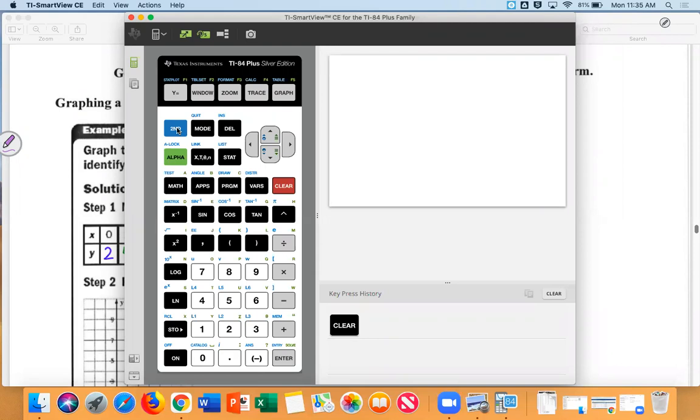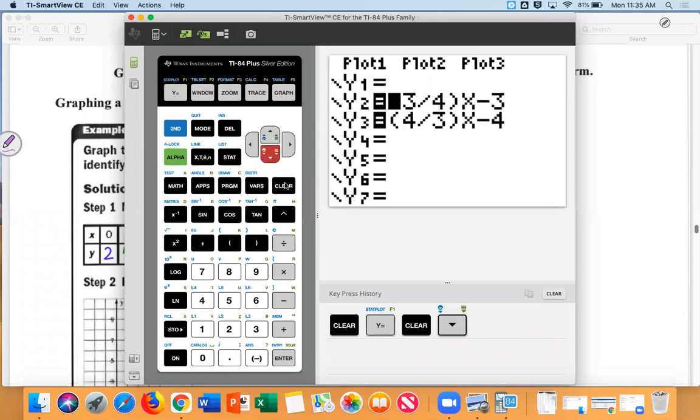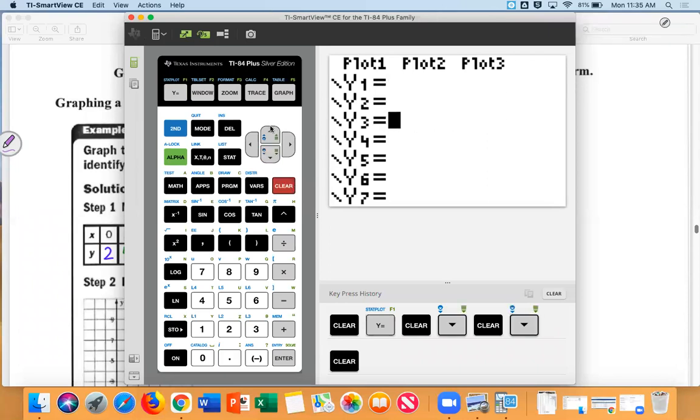Are you with me? Yeah. Okay. Everybody hit the button that says y equals. If there's anything in there, just delete it out. I have stuff in there because I teach another class. What was the equation that we were making a table for?